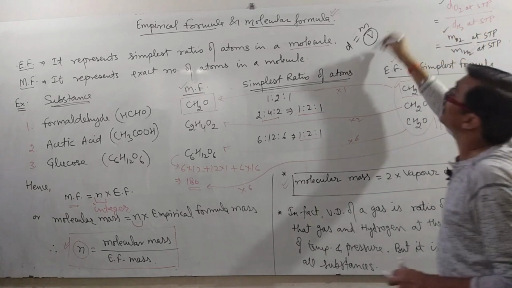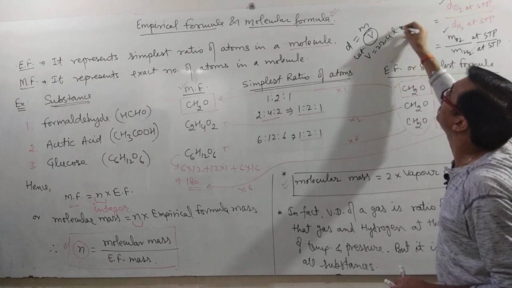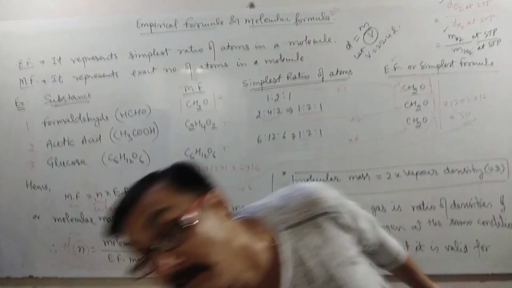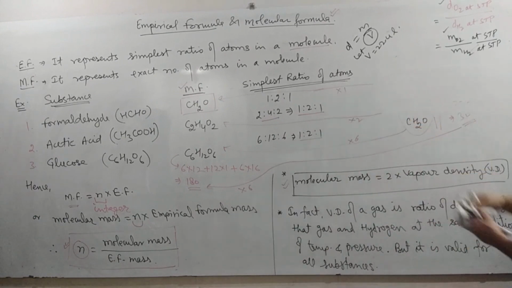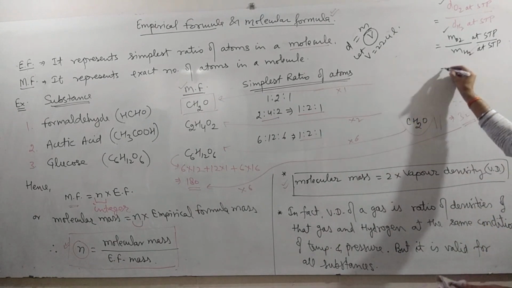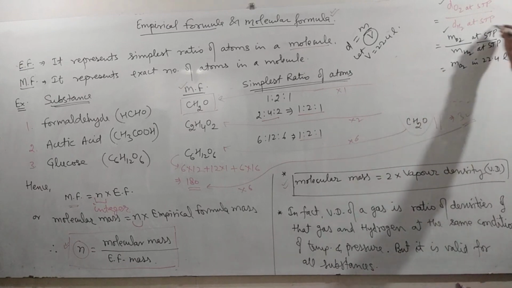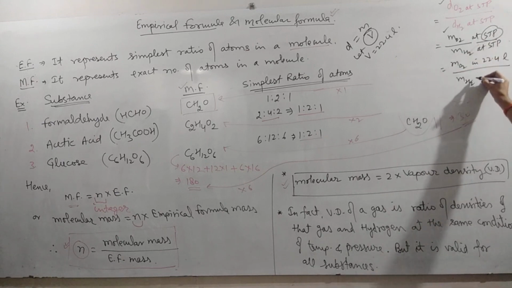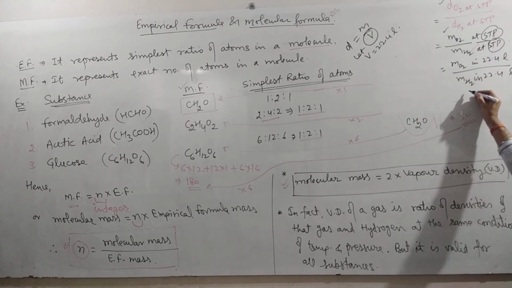And the volume in both cases is similar, let it be 22.4 liter. Then you all know very well that the mass of O2 in 22.4 liter at STP is the molar mass of O2, and the mass of hydrogen in 22.4 liter at STP is also the molar mass of hydrogen.